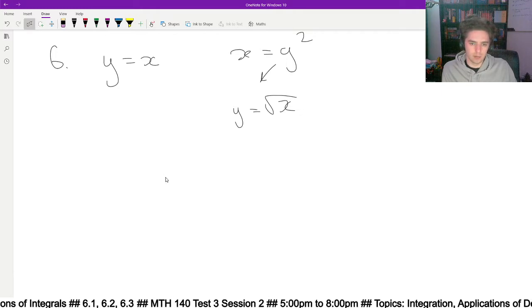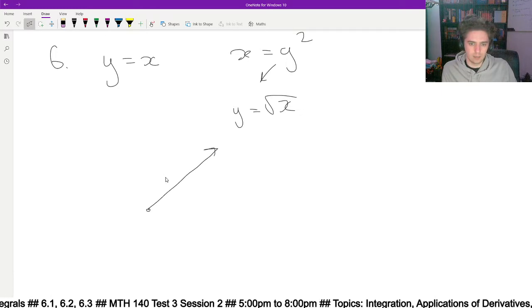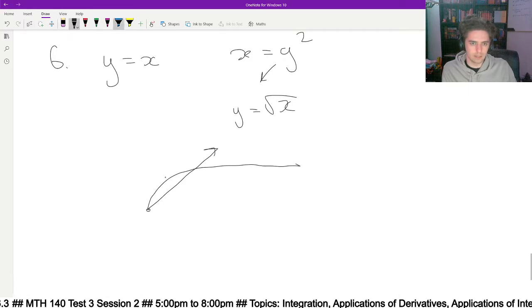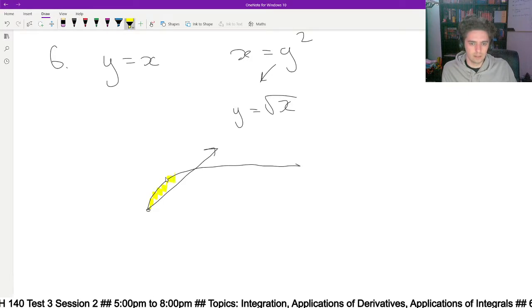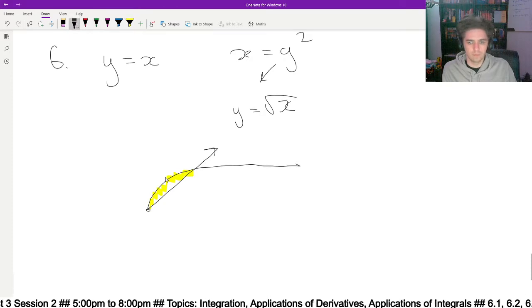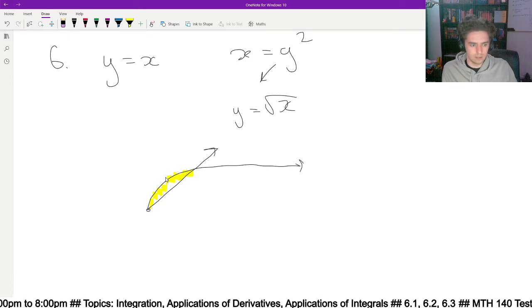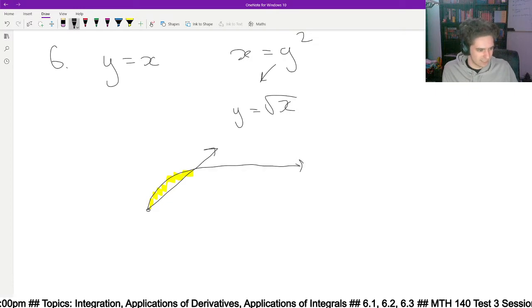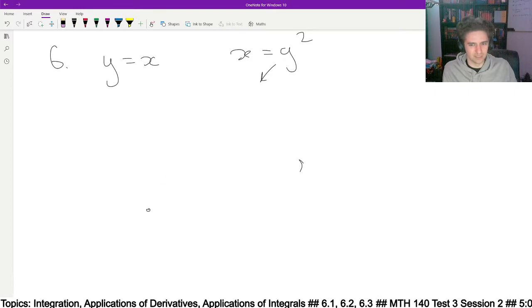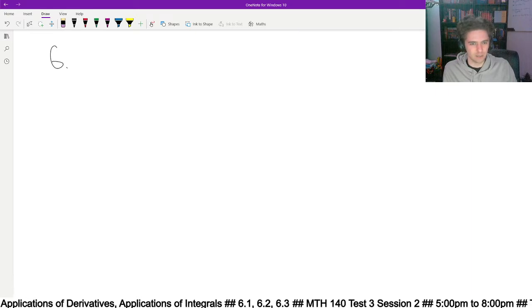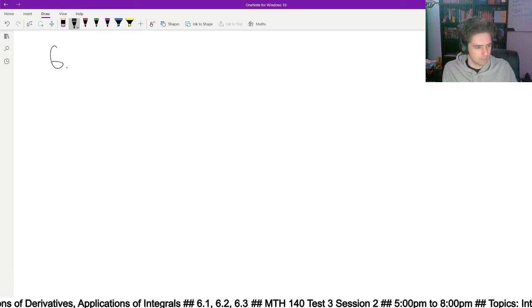So we have two graphs. We have a straight line, and we have root x, which is going to look like this. And so we're trying to find this area in there. They intersect here. Oh, no, sorry. These aren't intersecting, and we have to find more areas. All right, I'll do a different example. They intersect, but you don't find the area past the intersection.